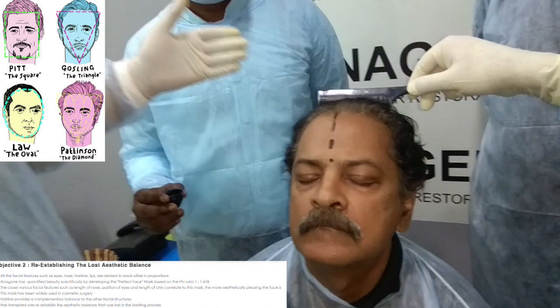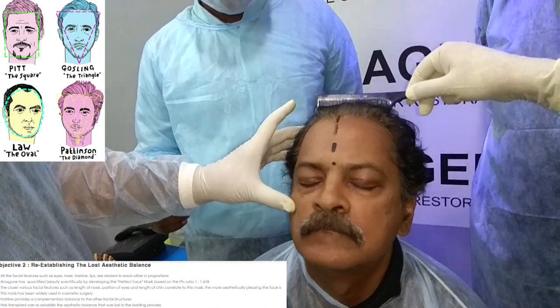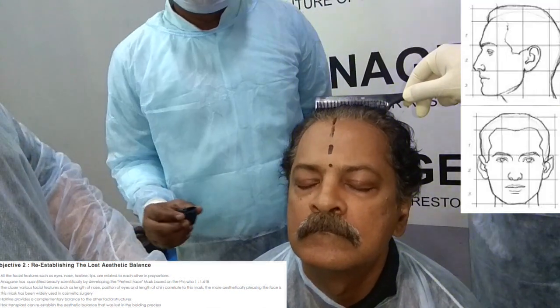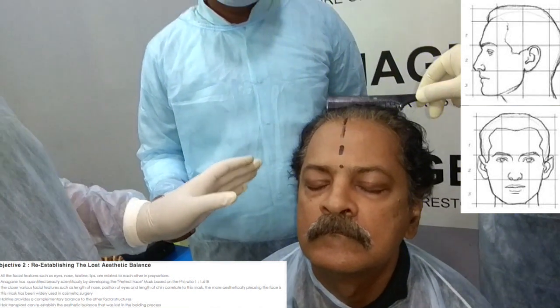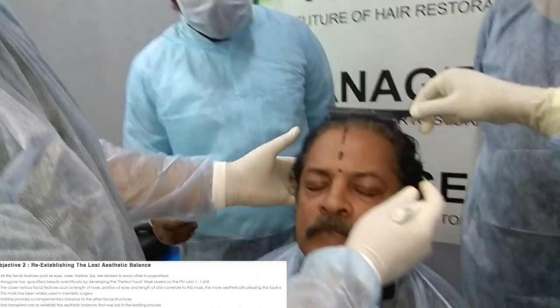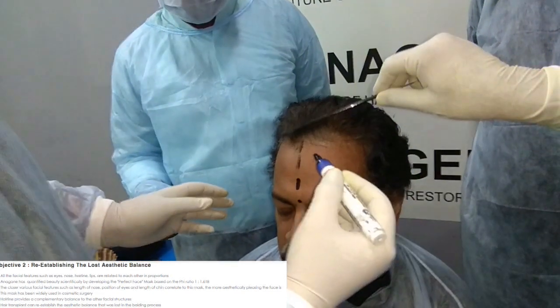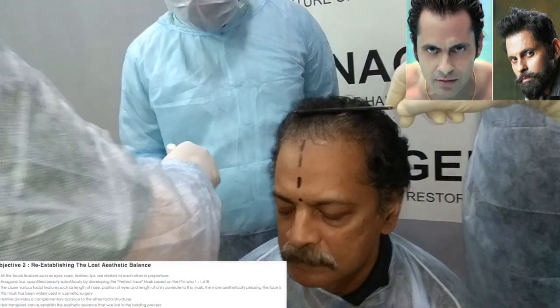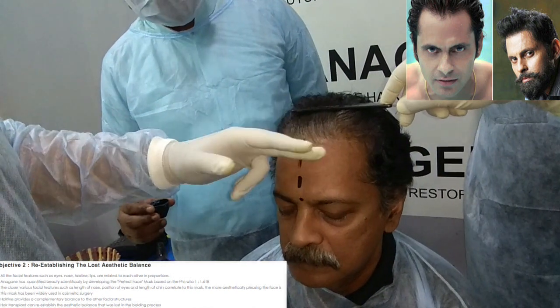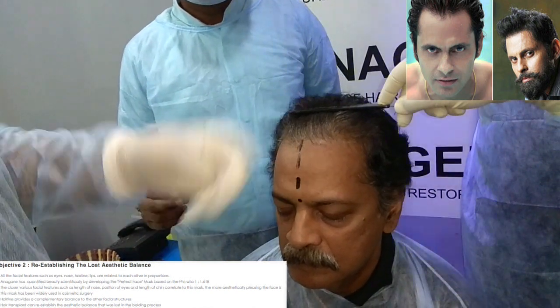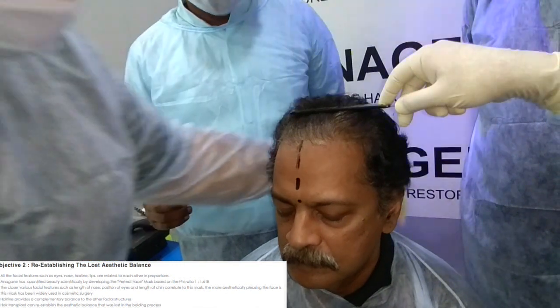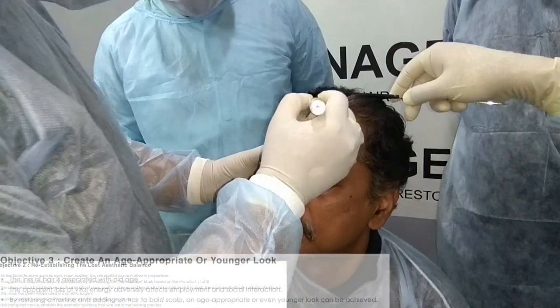Your age may be different, but your forehead, your eyes, your lips, your chin, all together make up a great face, attractive face, and a confident face. So hairline design gives all final structure, a flawless structure. It can enhance your looks, it can cover up your flaws.